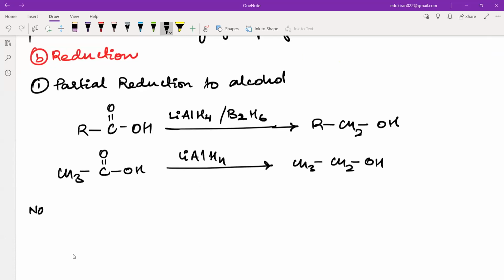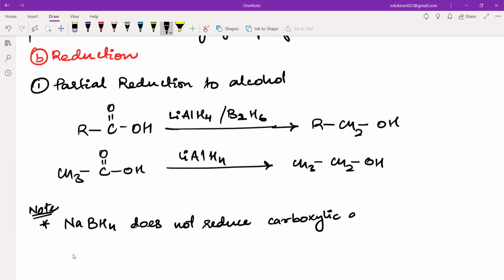Just write a note here. We have seen a reducing agent till now in the alcohols chapter and the aldehyde ketone chapter, that is sodium borohydride, NaBH4. It does not reduce carboxylic acid, since it is a weak reducing agent.